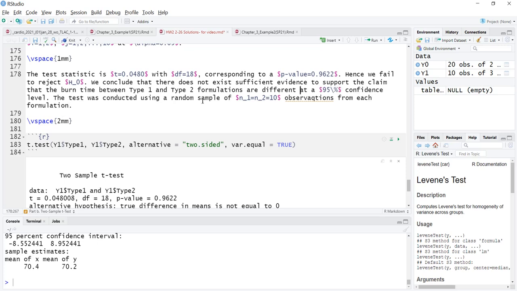The test was conducted using a random sample of N1 equals N2 observations from each type.